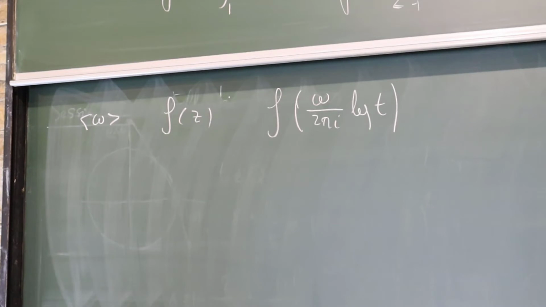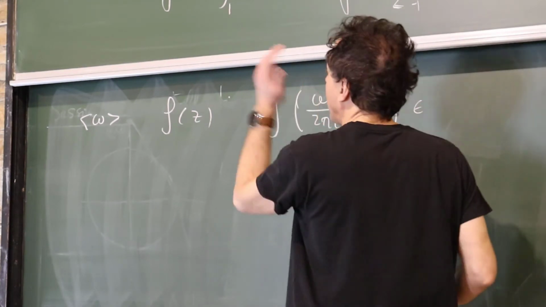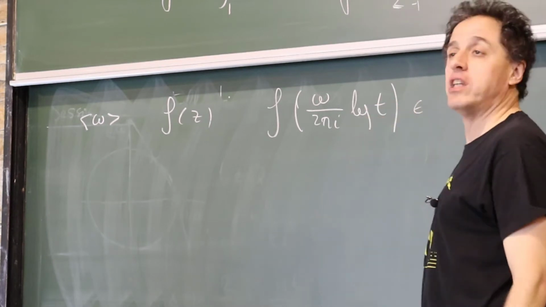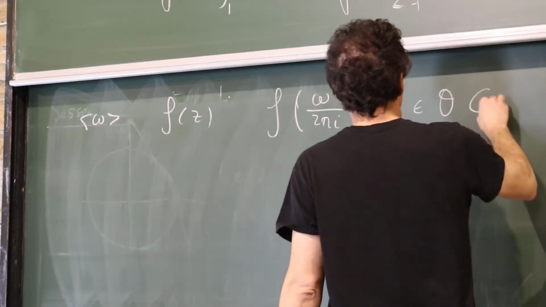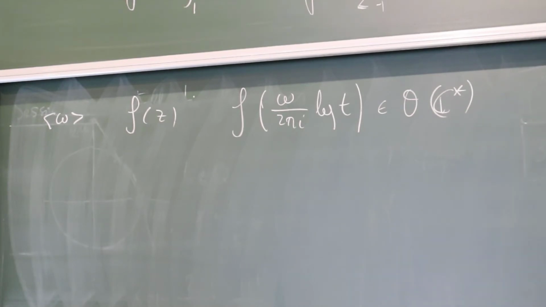Take any determination of log t, and this can be correctly defined because of the periodicity of f. Assume your function f is holomorphic, so this is a holomorphic function over C, where t is not defined at 0.